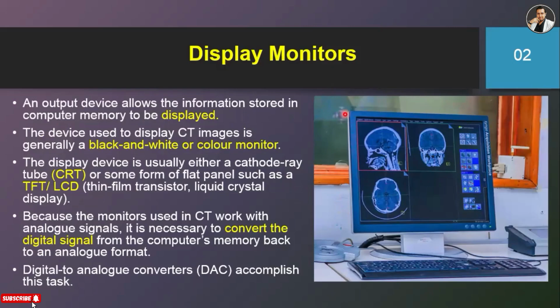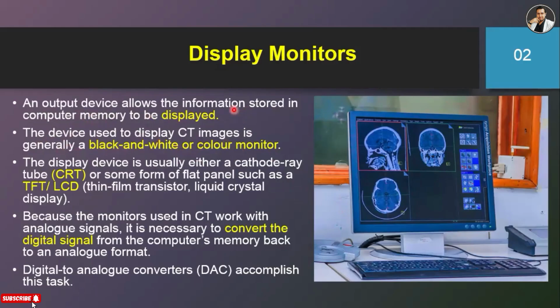An output device allows the information stored in computer memory to be displayed. The device used to display CT images is generally a black and white or color monitor.